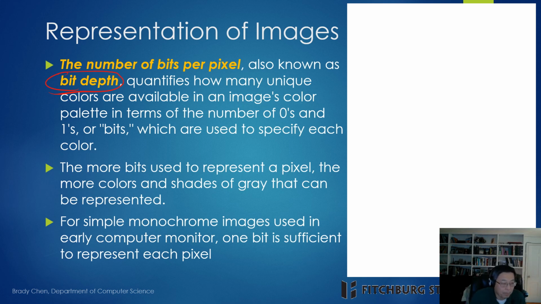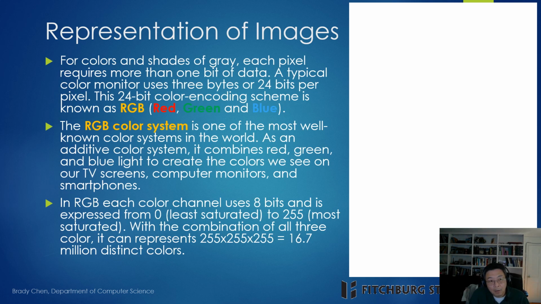So for a black and white image, you can use 1 bit for each pixel. That 1 bit can represent a 1 or a 0. 1 means white and 0 means black, or vice versa. It doesn't matter. We only need 2 different colors.